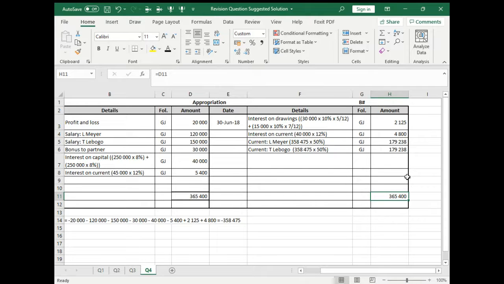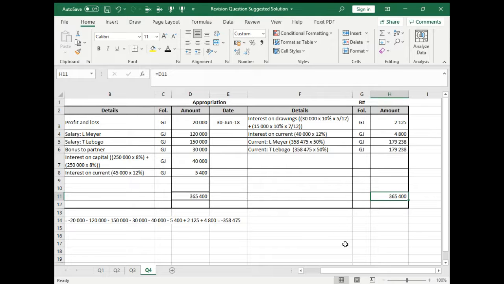So then the left-hand side and the right-hand side would be the same, which means that temporary account would fall away. And our current account, because we are crediting this account, we would debit the current account, which means we are reducing our owner's equity portion or our equity portion in the partnership.